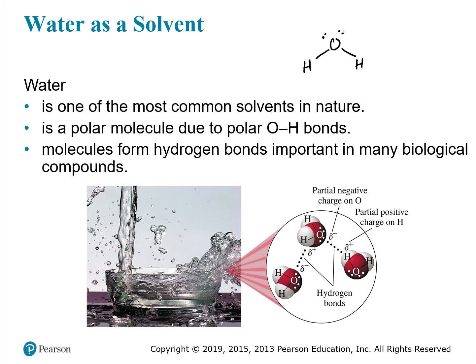It's got that bent shape, and it's polar. Lots of molecules form hydrogen bonds with water, so water is very essential in terms of being a solvent for biological beings like us.